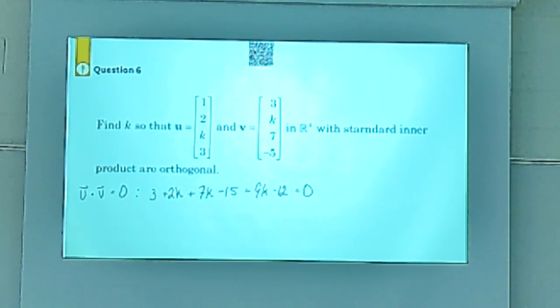Solve for k. k would have to be 4/3, right? There you go.